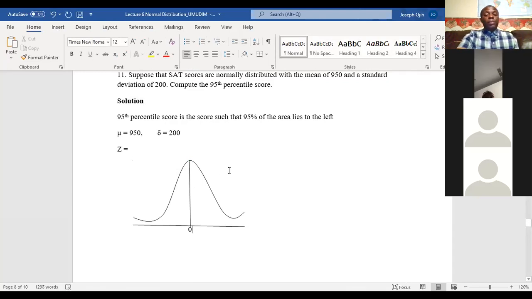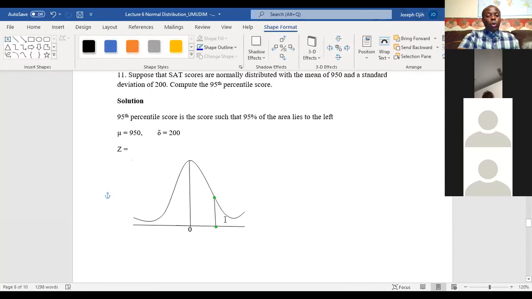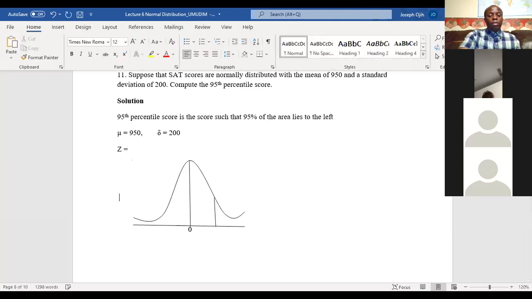So the 95th percentile score will be the score such that 95% lies to the left of it. Let's assume you're on this tail, so this side will be the top 5%, and this whole area will be your 95%. The 95th percentile score is on this line, which is your x. So we are looking for this x so that 95% fall below it.